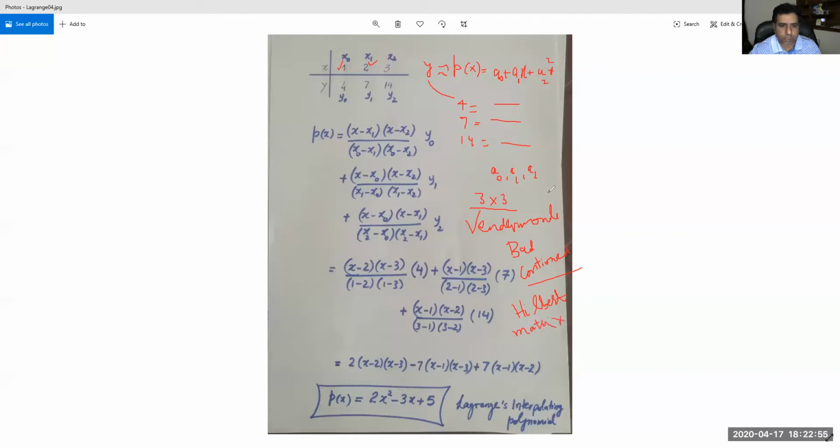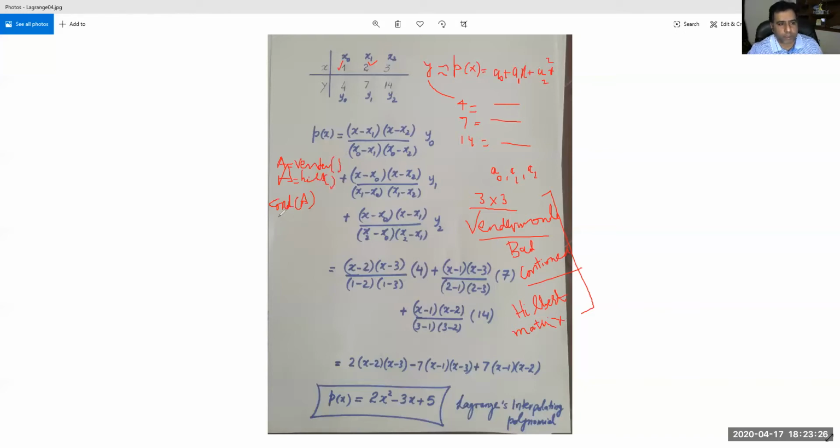Of course, there are built-in commands in MATLAB to generate a Vandermonde matrix of any order. You can see by computing the condition number with the command cond of A, where A you could take as Vandermonde, or you could write A as the Hilbert matrix, hilb, with the order given.